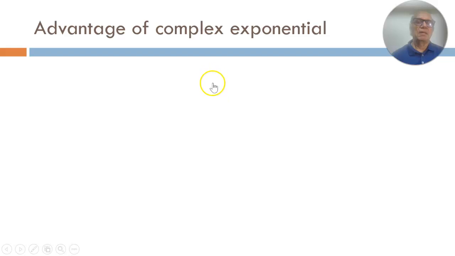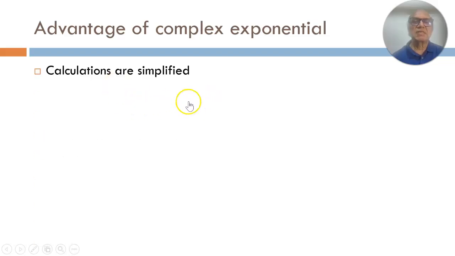Okay. Now what is the advantage of expressing cosine in terms of complex exponentials? In many cases you will find calculations are somewhat simplified. To illustrate that, consider the mathematical calculation of products. Suppose I want to take the product of e raised to j theta 1 into e raised to j theta 2.